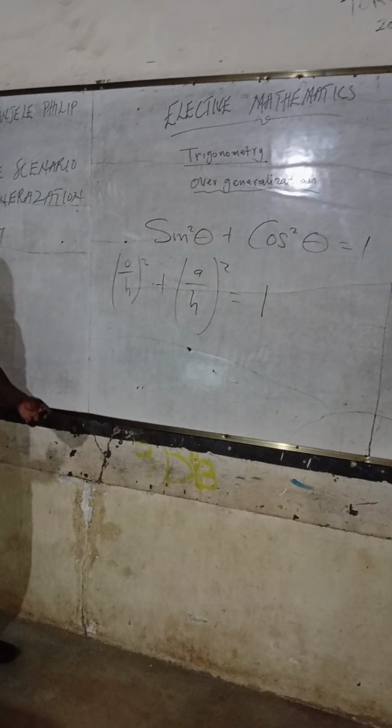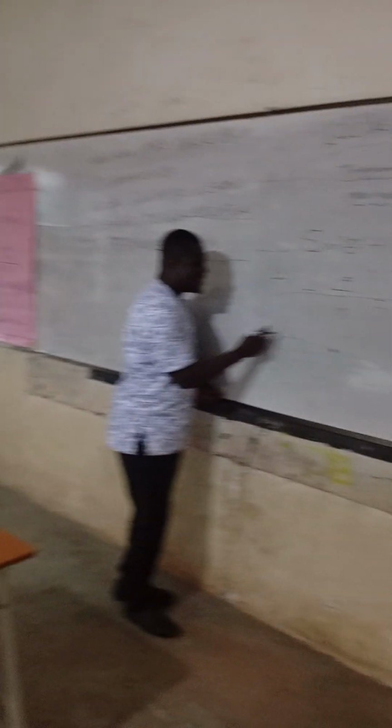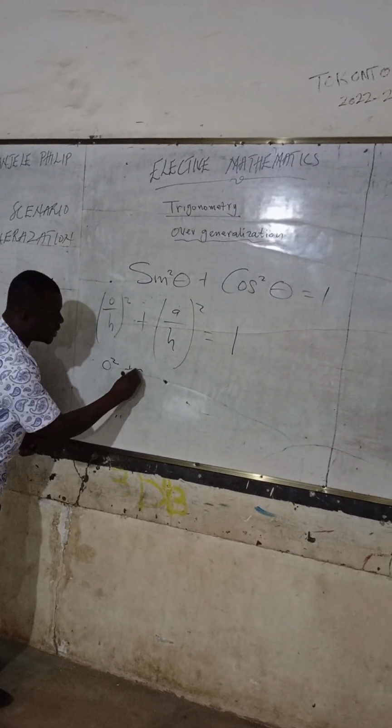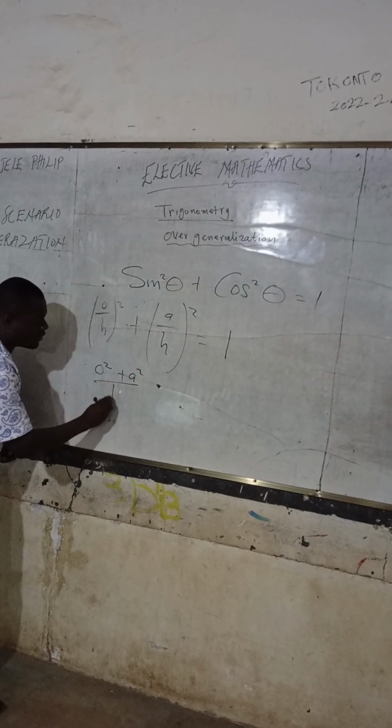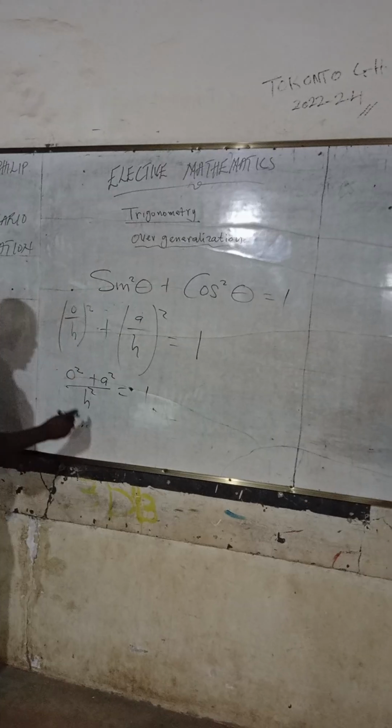Why? Because sine square theta plus cos square theta is equal to 1. So from this we have O square plus A square all over H square, and this will be equal to 1.